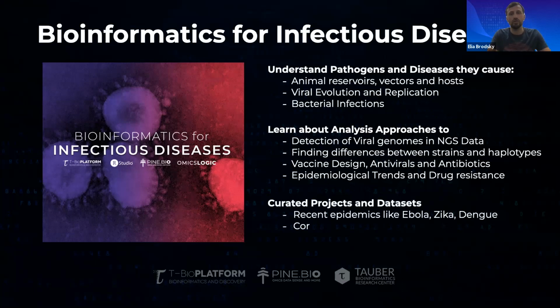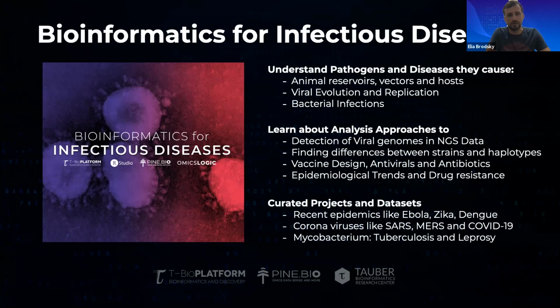And so we also do this using projects where we take a look at recent epidemics like Ebola, Zika, and dengue. We look at coronaviruses that are being talked about so much now, Mycobacterium tuberculosis and leprosy, as well as malaria.